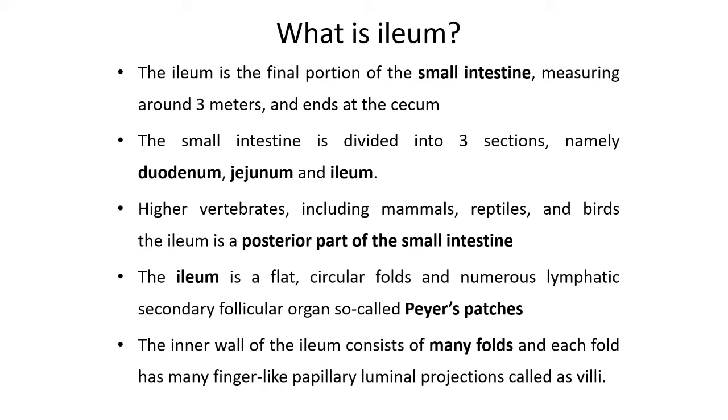So these villi are important. At the tip of villi, there are again many microvilli, and these microvilli are secretory as well as digestive in function. They help to release certain enzymes into the food, and the important nutrients are also absorbed from the food through these microvilli.